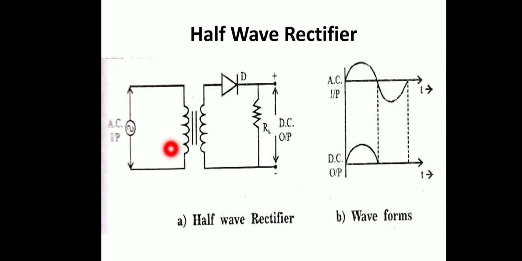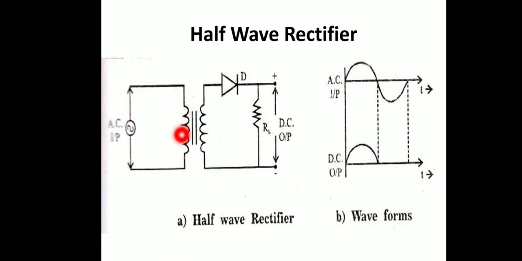Here mostly the center tap step down transformer is used, because 230 volt is at this winding, you can say this is the primary winding and this is the secondary winding. This is not shown in the diagram, so you can draw it in your notebook.